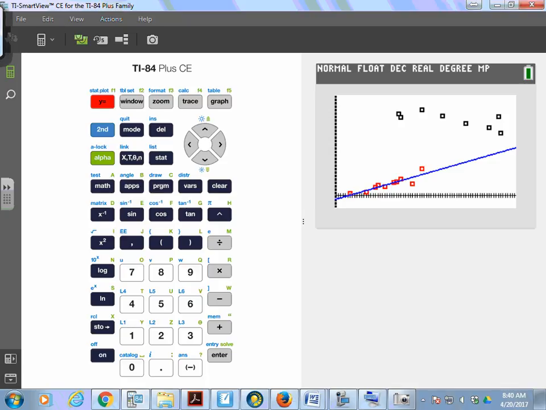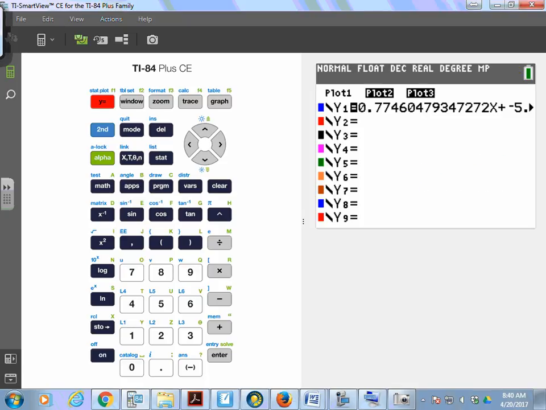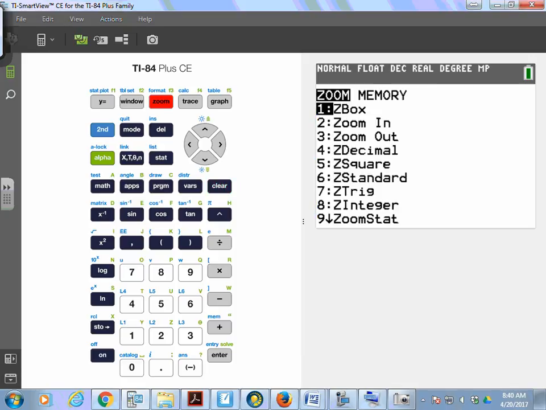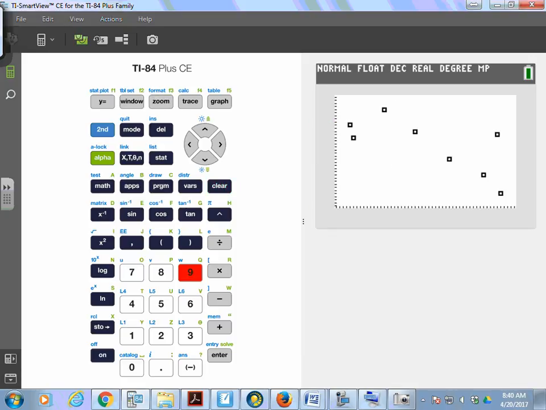When I go to my y equals, you can see these plots are highlighted because I turned them on, right? And I can turn them on and turn them off just on my y equals. So if you've got the right one that you need, you can turn it on and off there. I'll clear that one. I don't want that anymore. So now when I hit my zoom 9, it just gives me the one I was working on, okay?